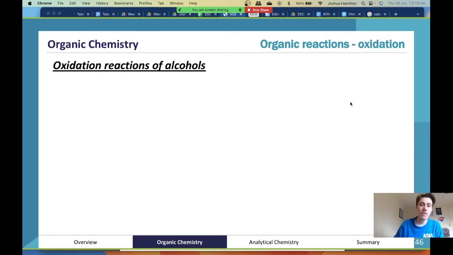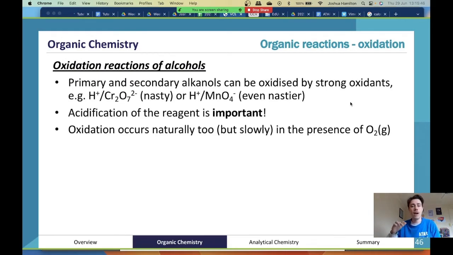Oxidation reactions of alcohols. Primary and secondary alcohols, or alkanols, same thing, can be oxidized by really strong oxidants. As you can see here, you need to remember one of these: H+ with Cr2O7 2-, the dichromate, or permanganate, a word I can never say right, H+ with MnO4-.